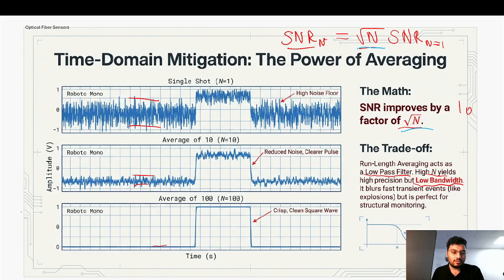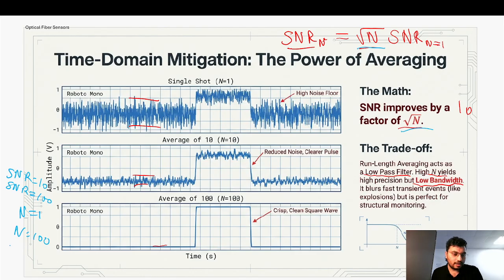So if you are getting signal to noise ratio something like 100, for example, n, if you are keeping 100, then you will get the signal to noise ratio 100. Square root n.